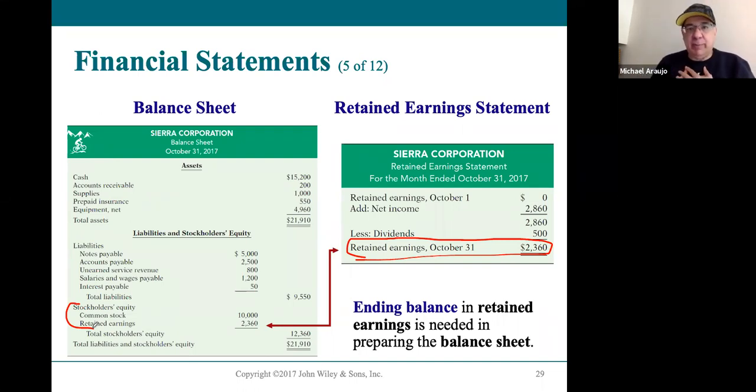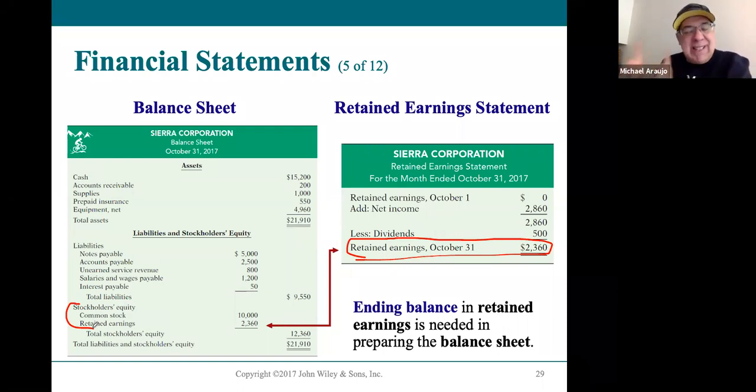Stock and shares of ownership being the same thing, interchangeable terms. And so as soon as the owners put cash into the business, which you need to do to start the business, they're taking their shares of ownership at that time. So common stock is always going to be the first stockholders' equity account because it shows how much the owners put into the business to start it.